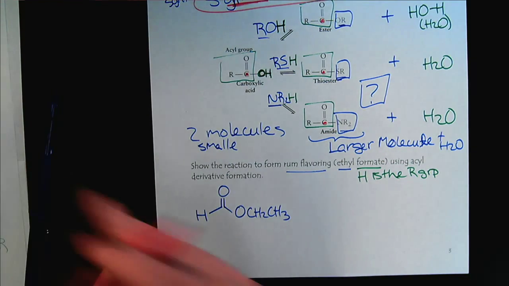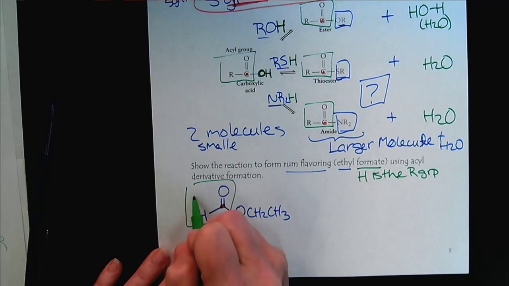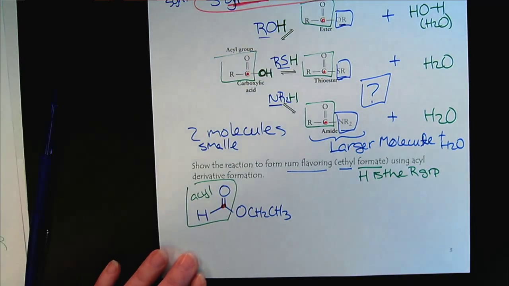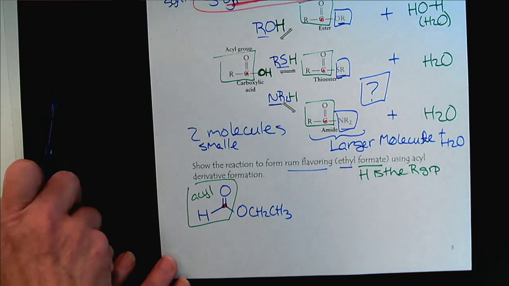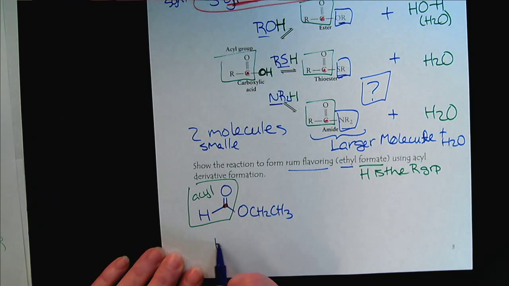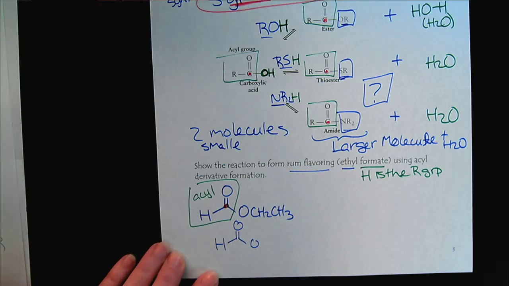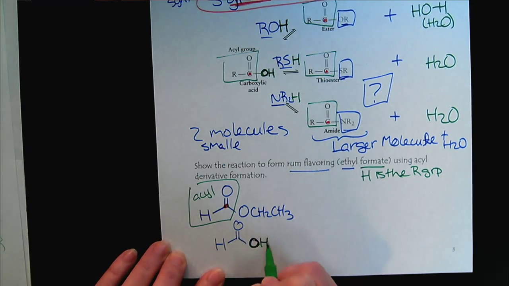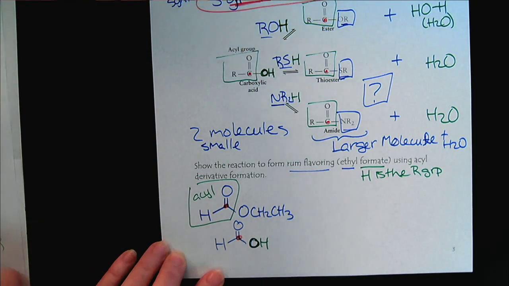So we focus on the carbonyl so that we can identify our acyl group. We know that the acyl group is like our landmark. So to form this compound, we start with a carboxylic acid, and there's our carbonyl.